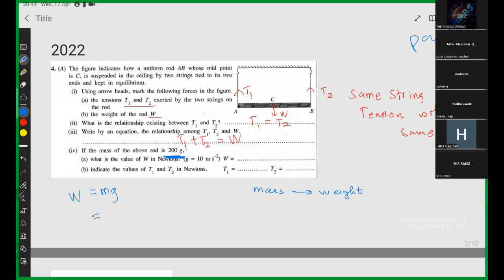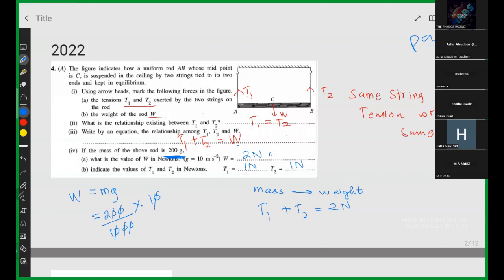The mass is 200 grams, but you have to write that in kilograms. So 200 divided by 1000 to write it in kilograms, into 10. So you can cut off. So what is the weight? Weight is 2 newtons. If the weight is 2 newtons, T1 plus T2 equals 2 newtons. T1 and T2 are equal. So T1 will be 1 newton, T2 will be 1 newton.